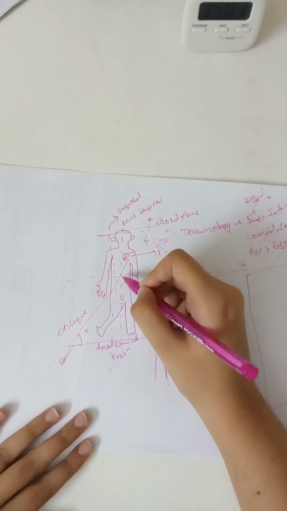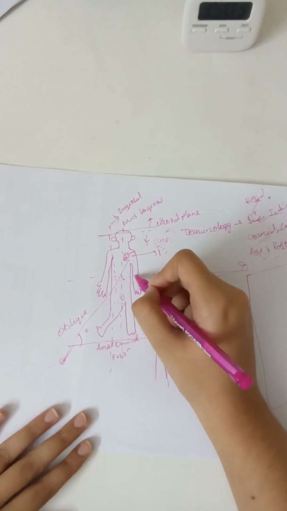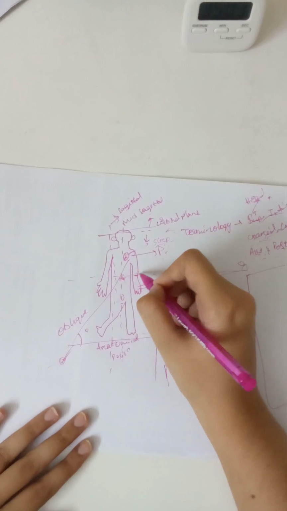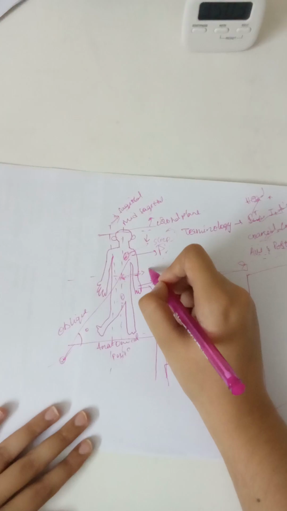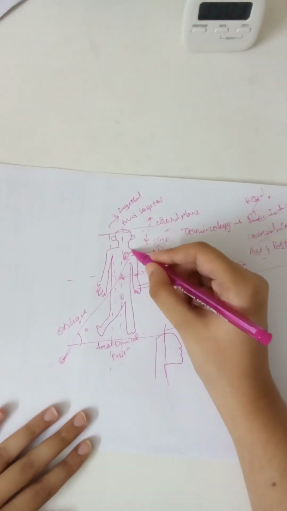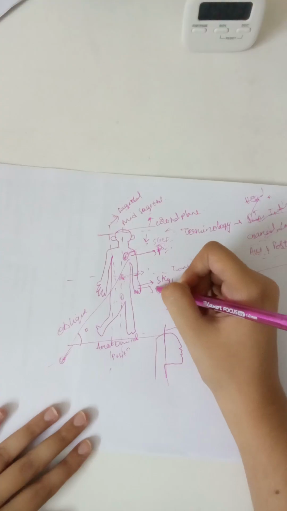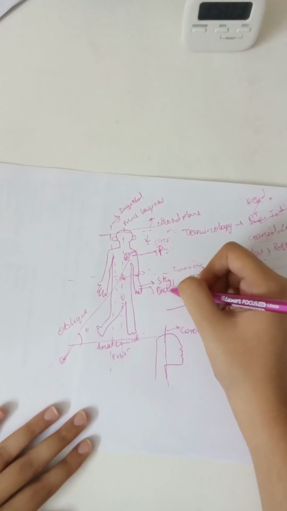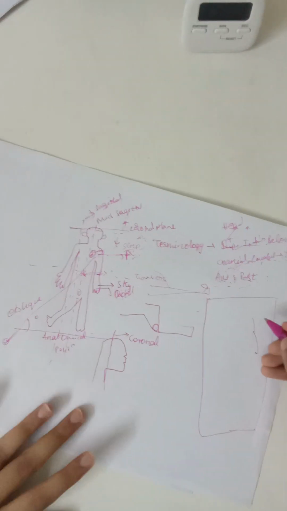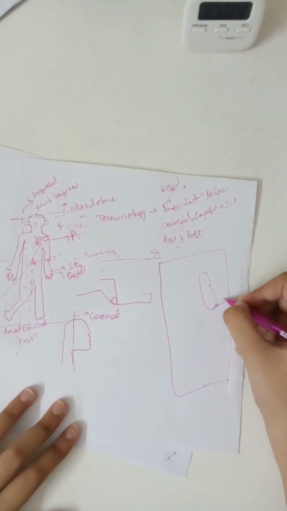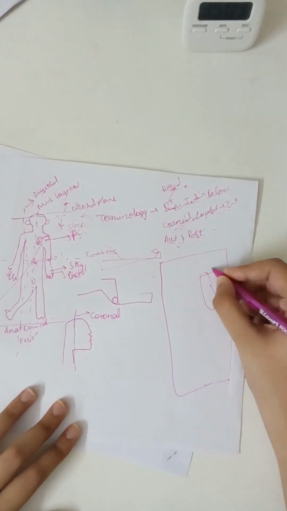Medial lateral, towards the midline of the body is medial, lateral, away from the body is lateral. Proximal means towards the head is known as proximal, distal means away from the head. For example, if it's on hand, this is distal, this is proximal.